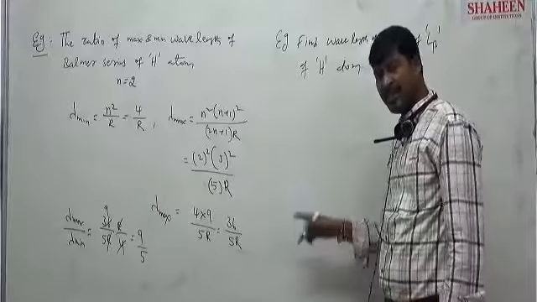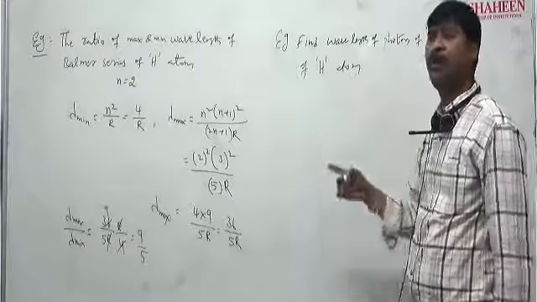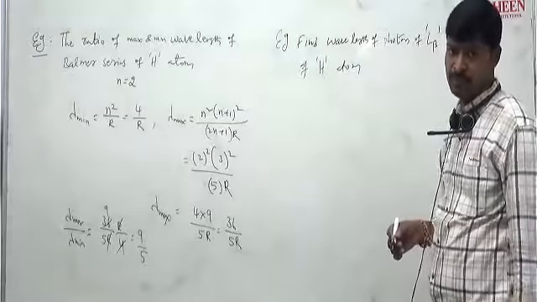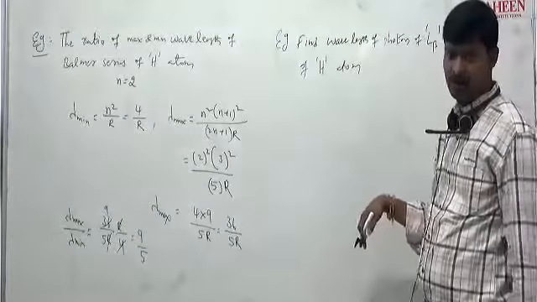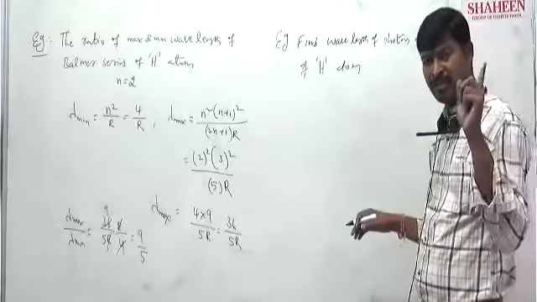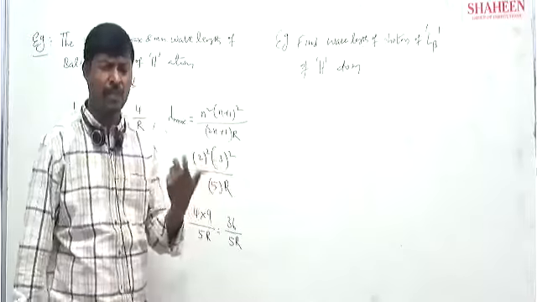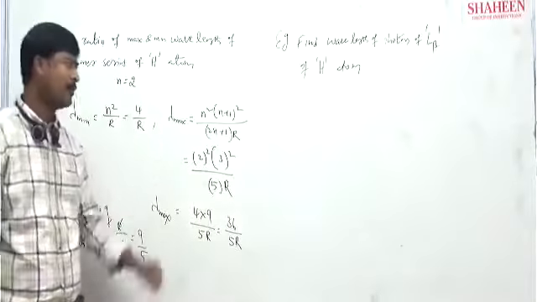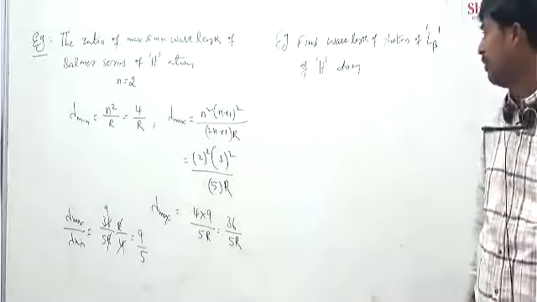Why I am writing H atom: if they give lithium or helium, that Z square also we have to take into consideration. If helium plus is given, you have to take the atomic number, so Z square will be 2 squared for helium, like that. Find wavelength of photon of L beta of H atom.